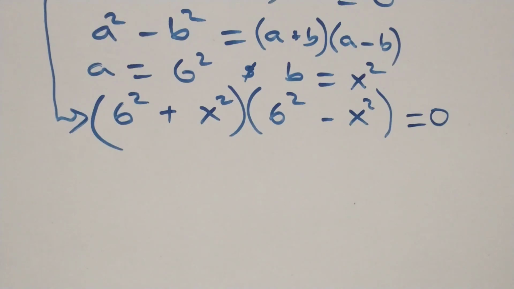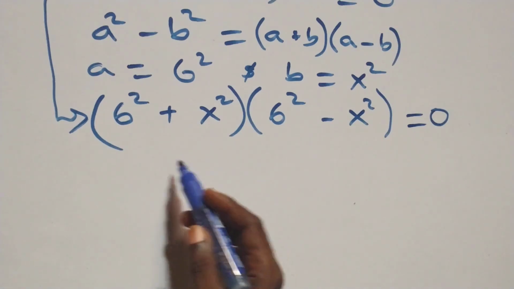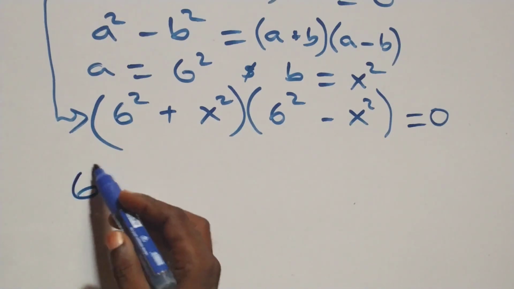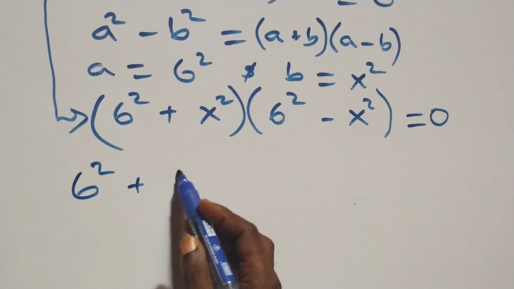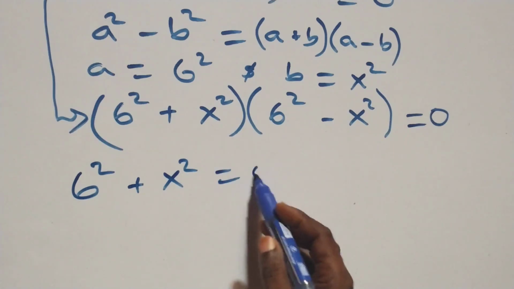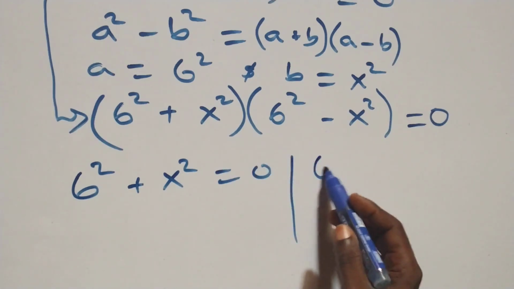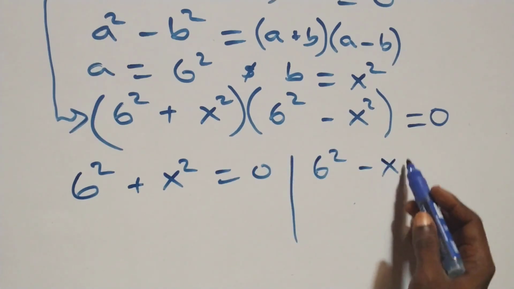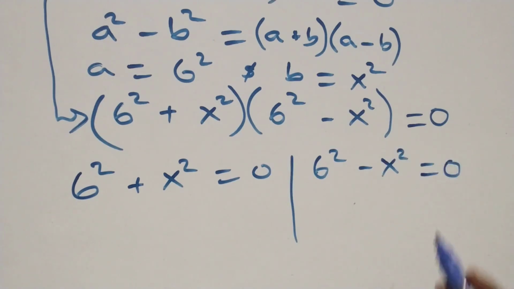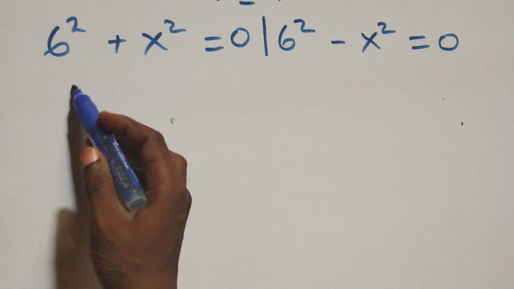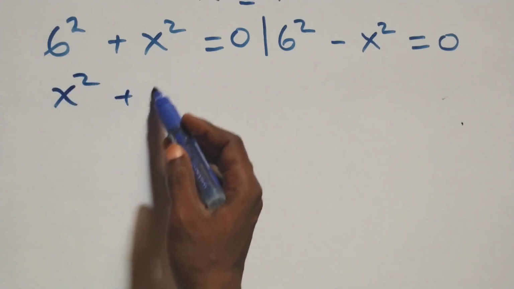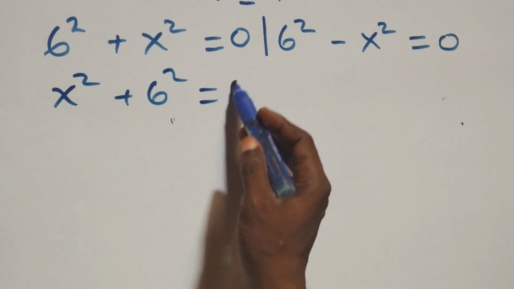Then here we have two possible cases. The first one, 6 squared plus x squared equals to 0, or we have 6 squared minus x squared equals to 0 here. Then write this as x squared plus 6 squared equals to 0 here.